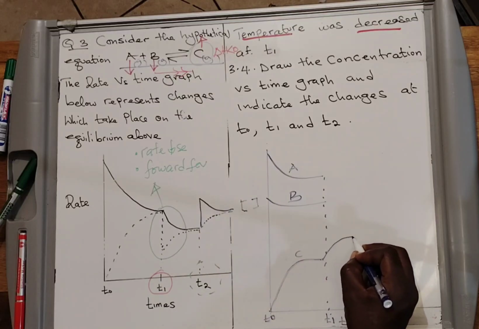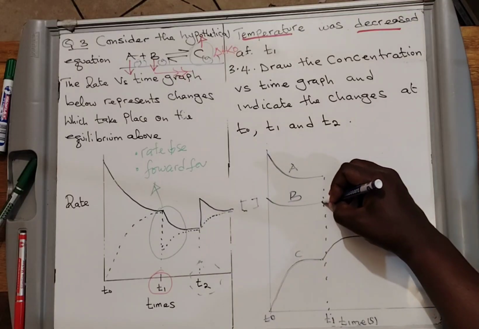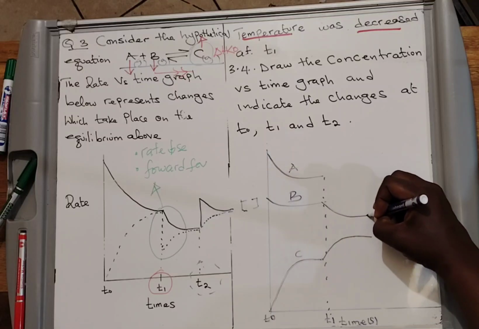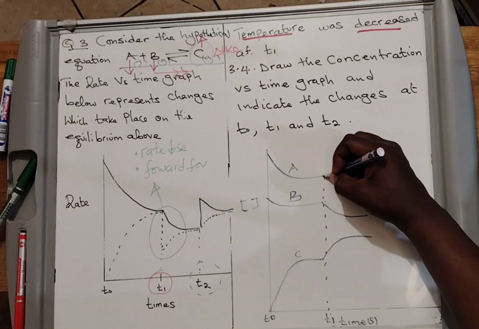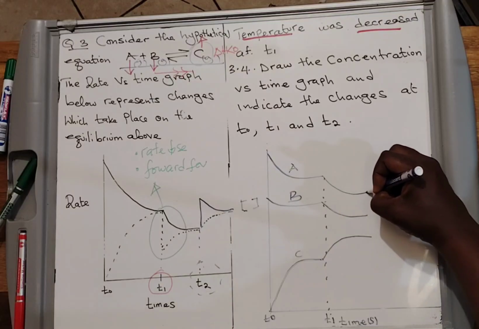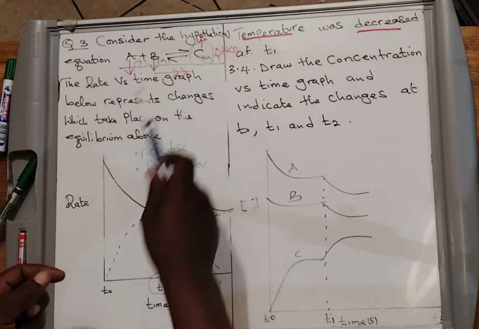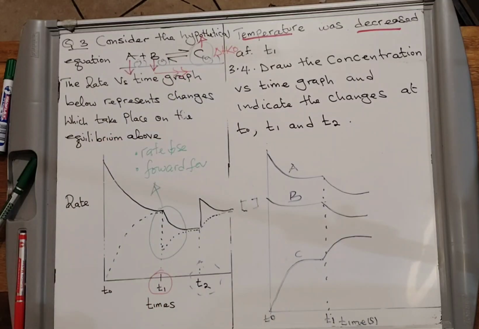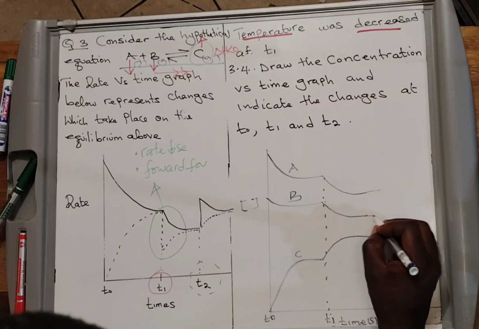It's not a spike. What happens to our B? B decreases and it's a gradual decrease. It's not a spike. And the A decreases. These ones I've just obtained from those changes I've predicted there. So I'm done with T1 and I'm heading for T2.